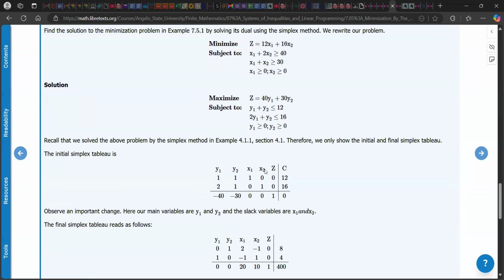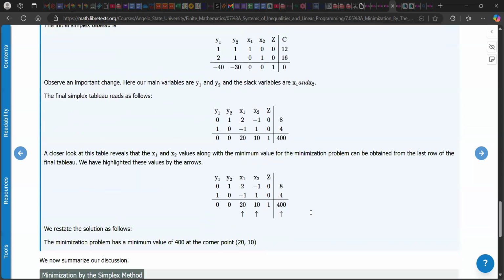They actually are making them into slack variables. So I think it's the writer here, notice I say the slack variables are x1 and x2. It's kind of confusing, right? But notice at the end, watch here.